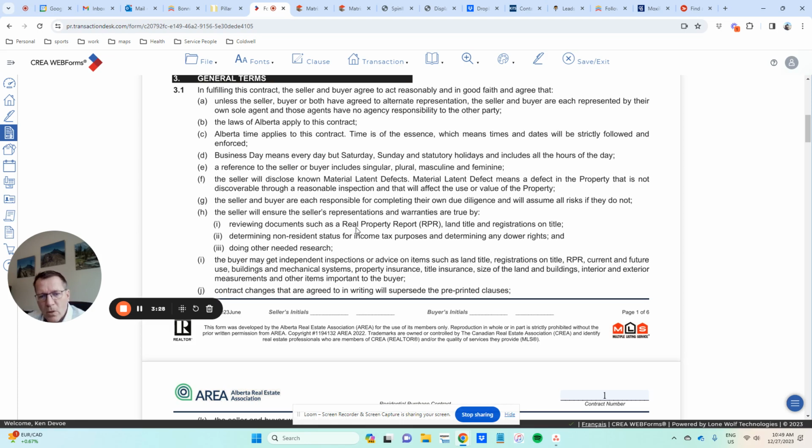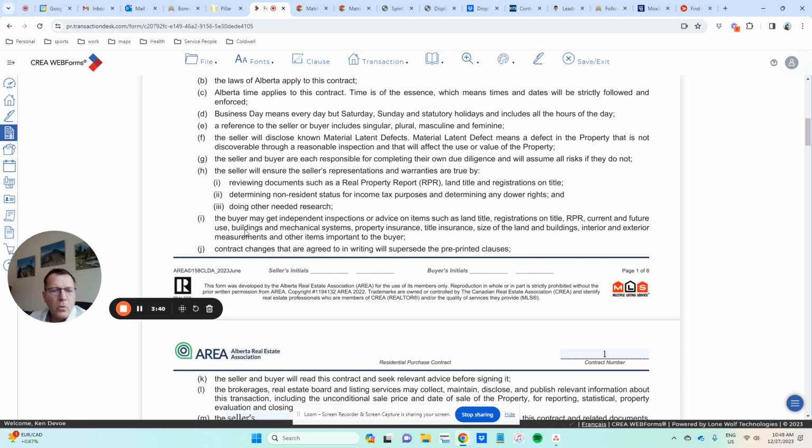But every property is unique, and as we go through the process, we will take a look at the real property report of the property you choose, and then we'll go from there. And you're able to get independent advice for inspections and anything on the real property report or on title, things like that.